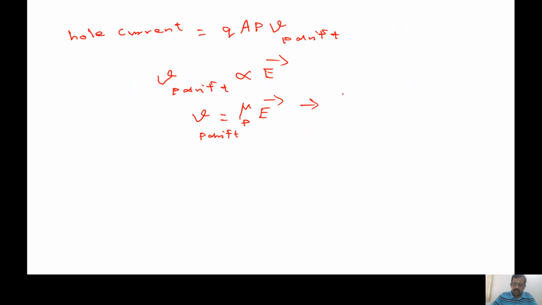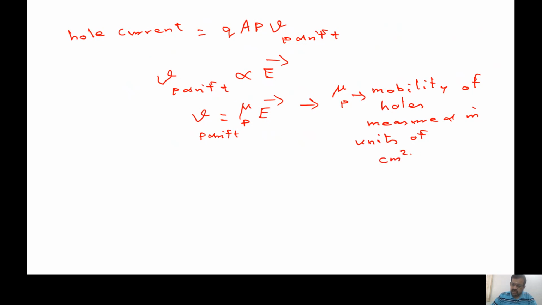Mu p is the mobility of holes, measured in units of centimeter square per volt second. Okay, so this is the unit of the mobility.